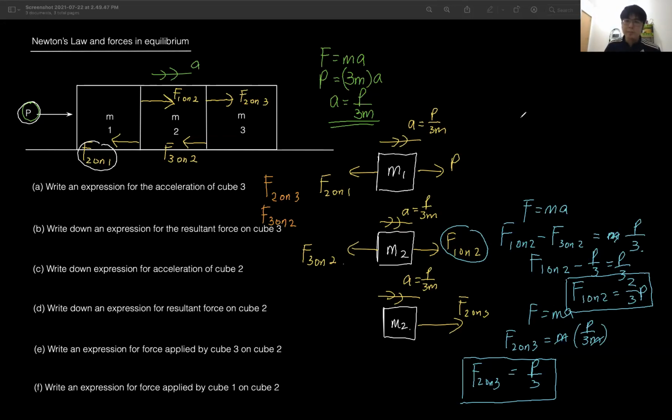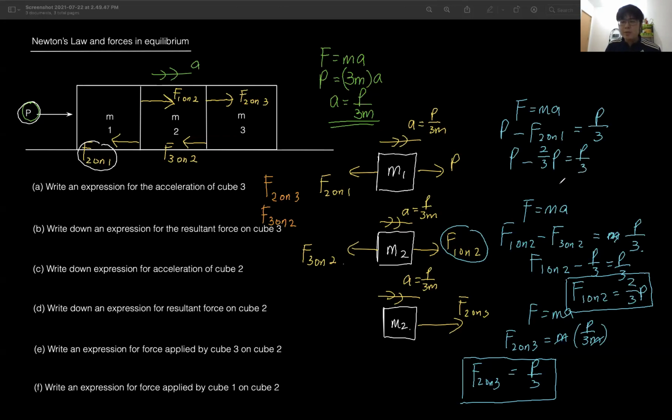Last one, M1. F equals ma. P minus F2 on 1 equals P over 3. F1 on 2 is the same as F2 on 1, so this is 2 over 3P from my answer here. Okay, so P minus 2 over 3P equals P over 3.